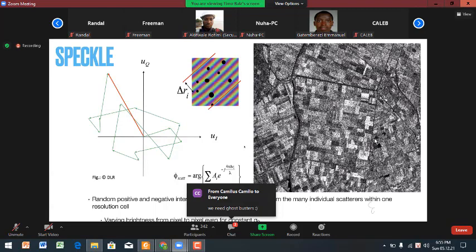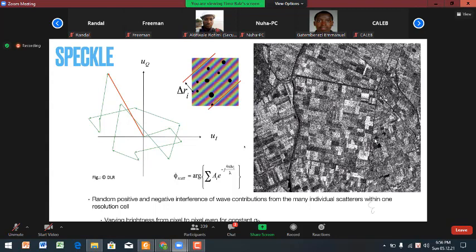So if you have many small scatterers in one resolution cell, they reflect and then they interfere with each other, positively or negatively, right? So that leads to some varying brightness, and it leads to this speckle effect, this noise on top of the image. It's not actually a noise because it is a signal, right? But in most cases, we can say it acts like a noise.